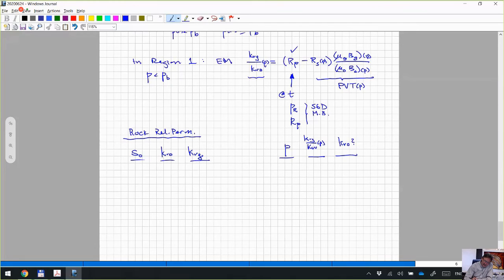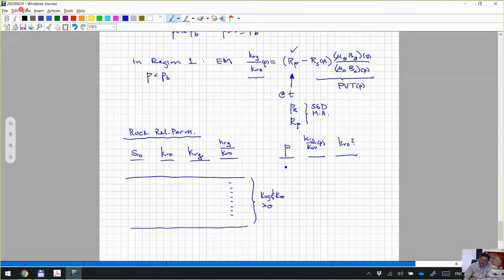Okay. Well, the best way to do that is you make a new column, which is the ratio here, together with the other. And in a certain block of saturations where both KRG and KRO have non-zero values, you've got these values here, right?